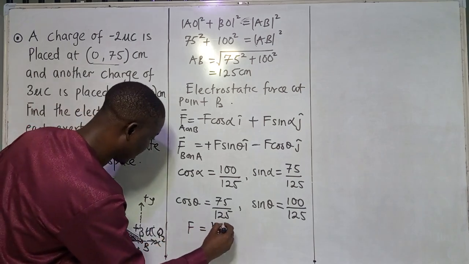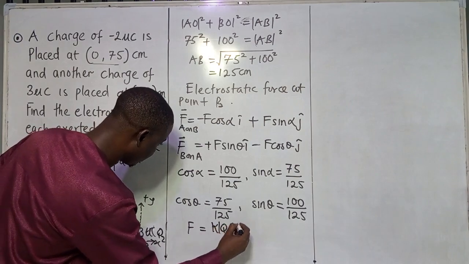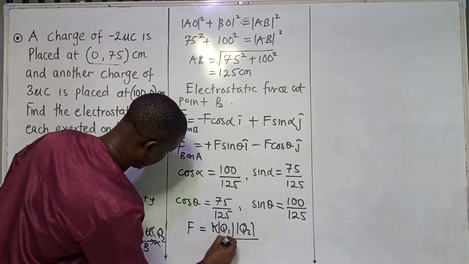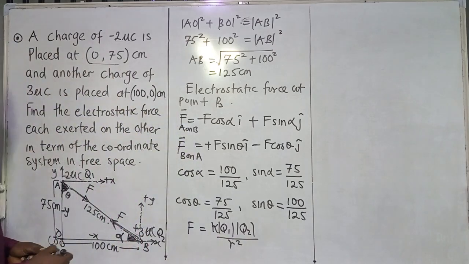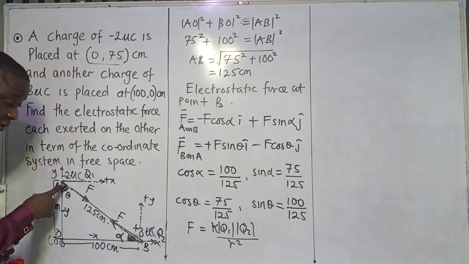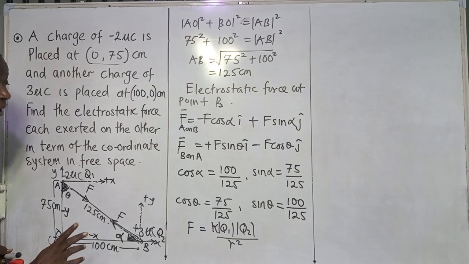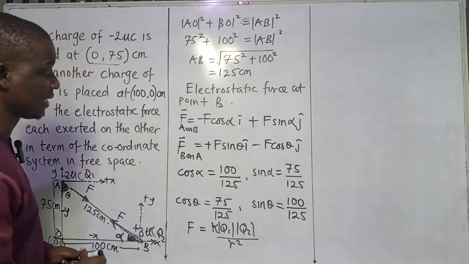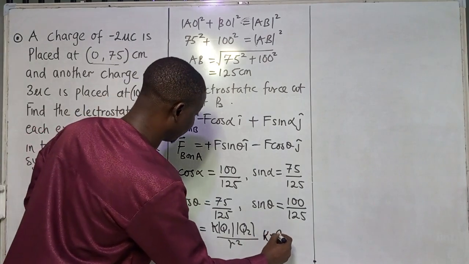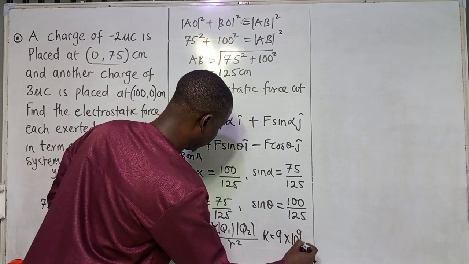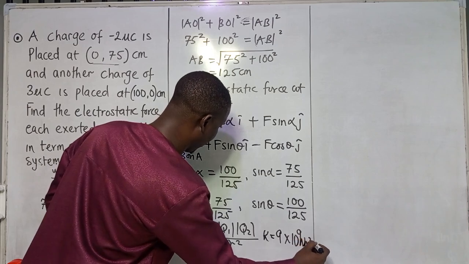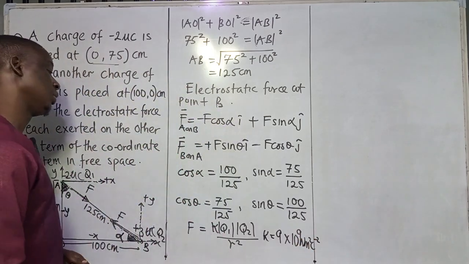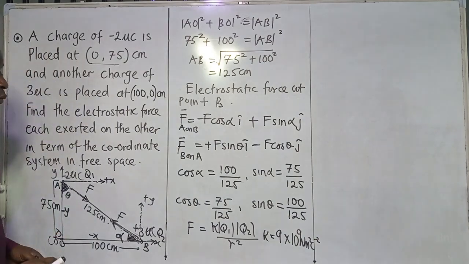So we are going to use F equals KQ1Q2 over R squared, where R is the distance between the two charges, which is of course 125 centimeters. You can convert to meters when you want to use it. Don't forget our K remains 9 times 10 to the power 9 newton meter square per coulomb square. That is our K.